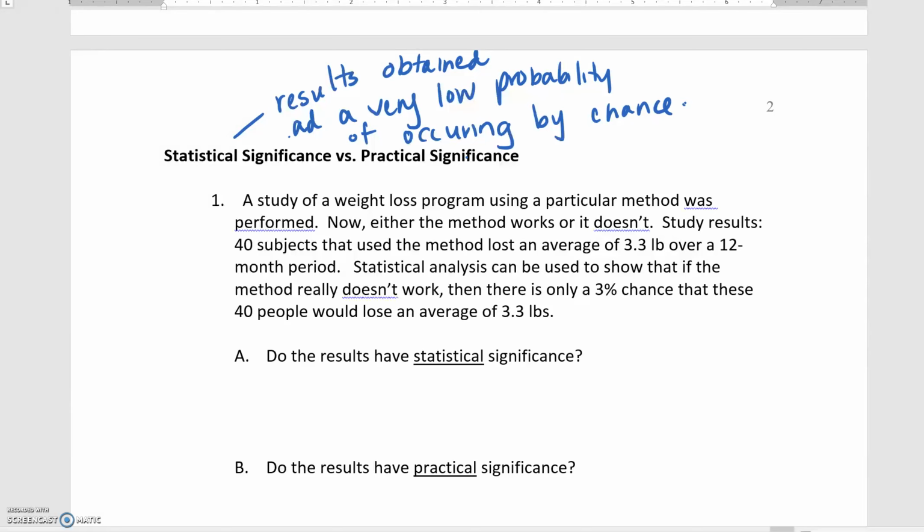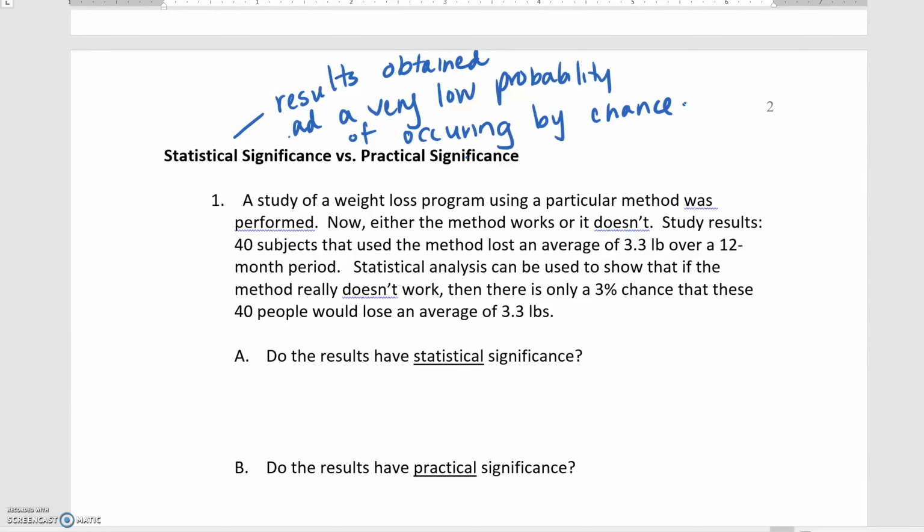However, if you flipped it 30 times and got 28 heads and 2 tails, those results are significant, and you'd probably think that that didn't happen by chance, that maybe the coin is weighted or it's not a fair coin. Just by chance of having a normal coin, those would be unlikely to happen.